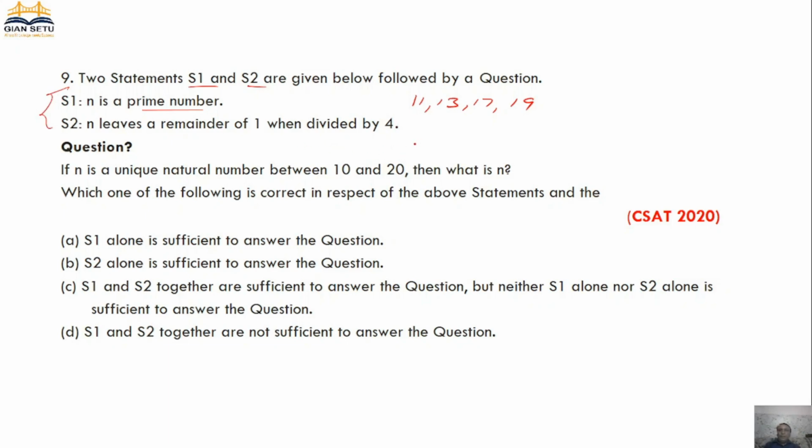Now see, n is a prime number. We have 4 prime numbers here. Now n leaves a remainder of 1 when divided by 4. When we divide 13 by 4, we get a remainder 1. When we divide 17 by 4, we get a remainder 1. But now we cannot answer what is the value of n here, right? So even with the help of both the statements, we cannot answer the question. So the answer is D here.